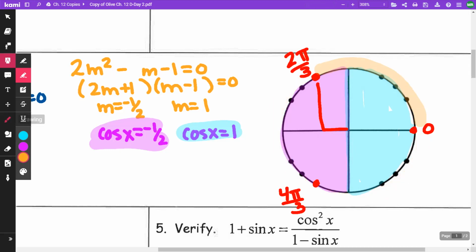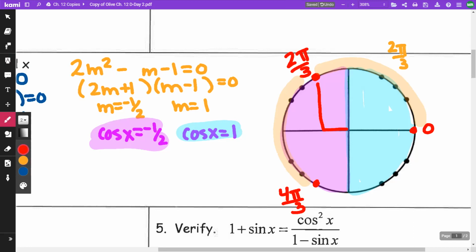So when I am going from 0 to 2 pi thirds, that would be 2 pi thirds away. When I'm going from 2 pi thirds to 4 pi thirds, I would be adding 2 pi thirds. So that's also 2 pi thirds away.